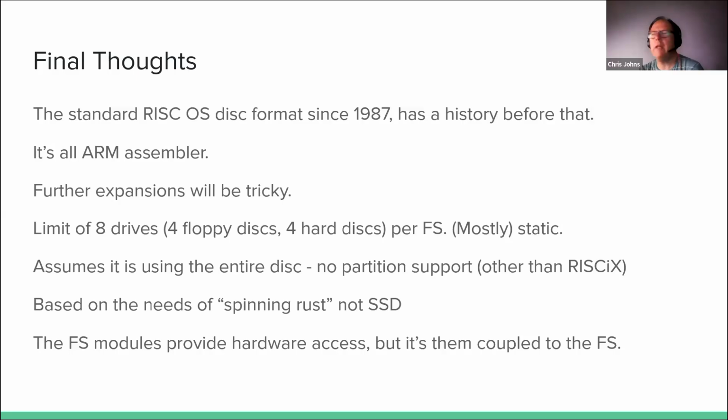It has the ingrained limit of four floppy drives and four hard drives, which gives you eight drives per filing system. Some filing systems tend to work around that with what they view the floppy drives and the hard drives as, a little bit fluid. Certainly some of the SCSI cards I remember on the A5000 era stuff just treated all of them as hard drives, so you could have 8 hard drives or 8 partitions or whatever it did.